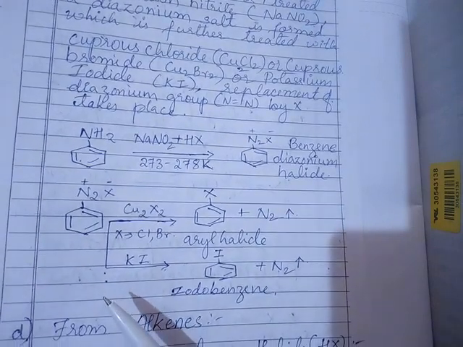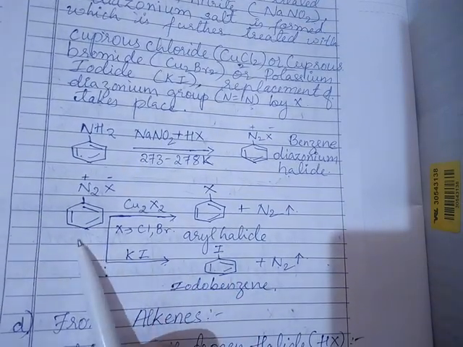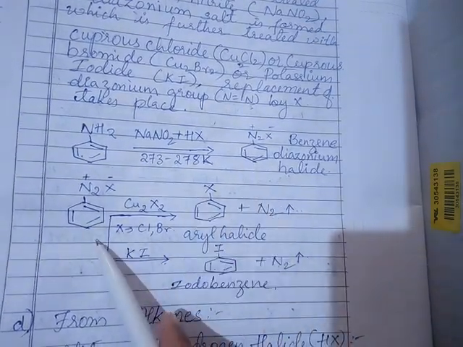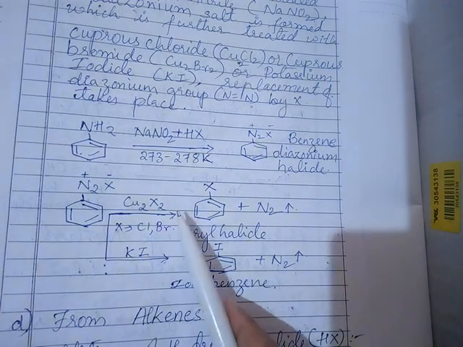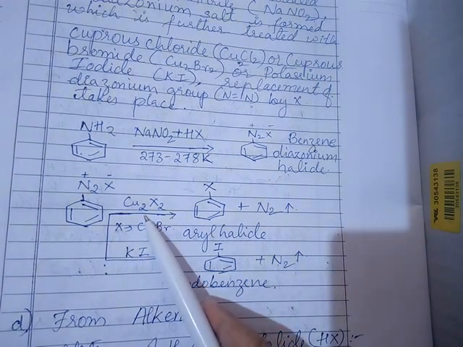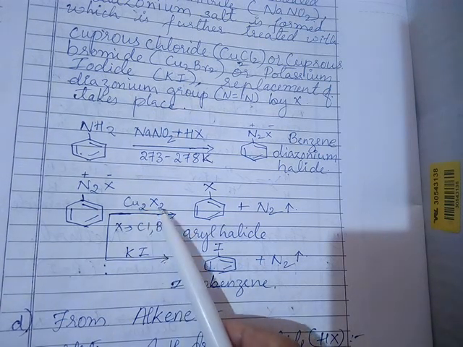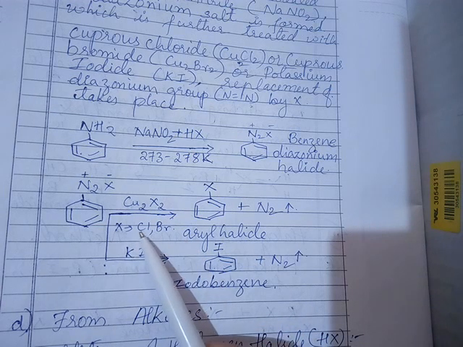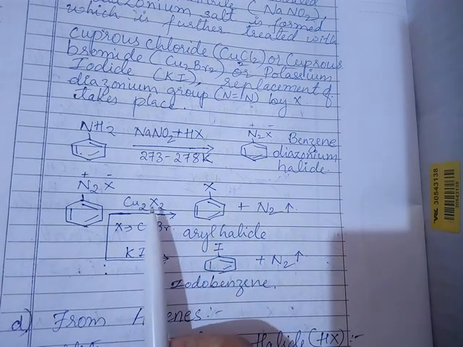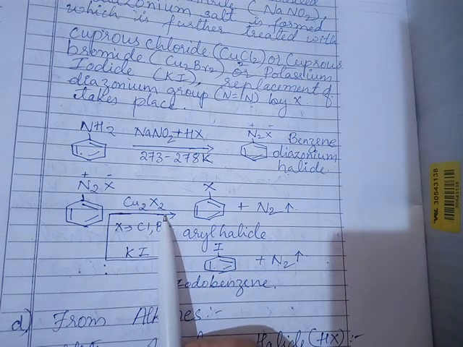In the next step, this benzene diazonium halide that you have got is further treated in presence of the cuprous halide. So in presence of cuprous halide, this halogen is passed.